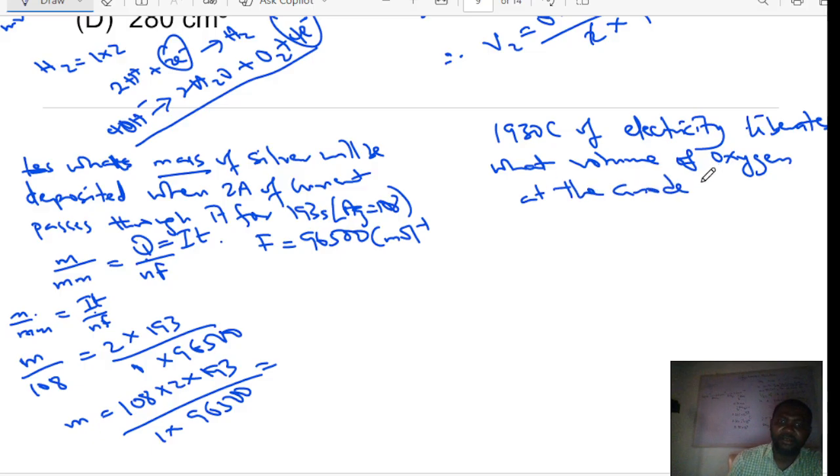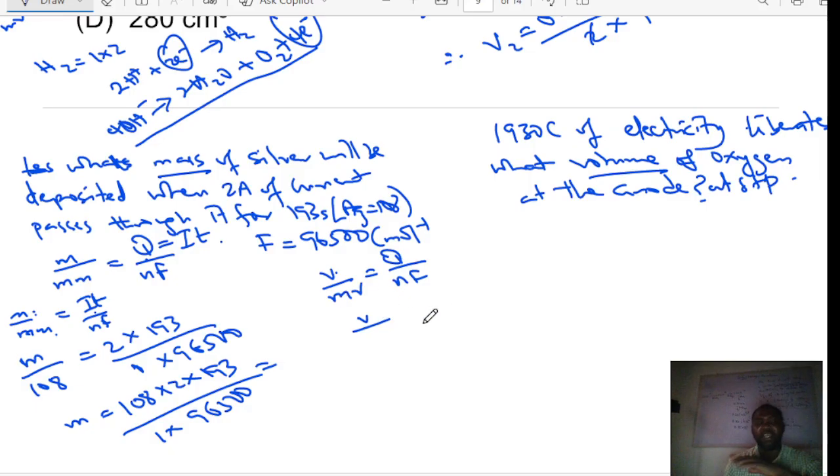Now this looks a bit tricky, but it is very easy. All you need to do is, in this case, instead of saying mass over molar mass, we are interested in volume. Mass over molar mass can be replaced with volume over molar volume, equal to Q over NF. I should add at STP, and now the volume is what we are looking for.